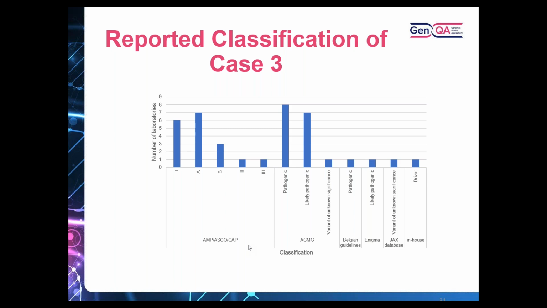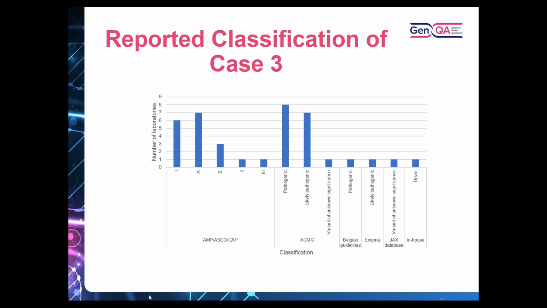The third participant was also given a critical error because although they classified it correctly, they said they wouldn't report the variant, and we felt that had very serious implications for the patient. As you can see, when it came to the ACMG classification, there was an almost equal split between pathogenic or likely pathogenic designation.